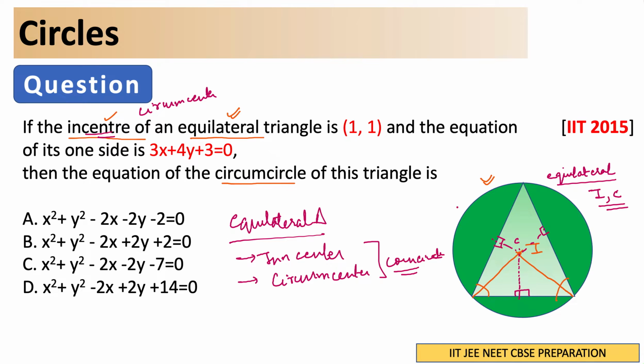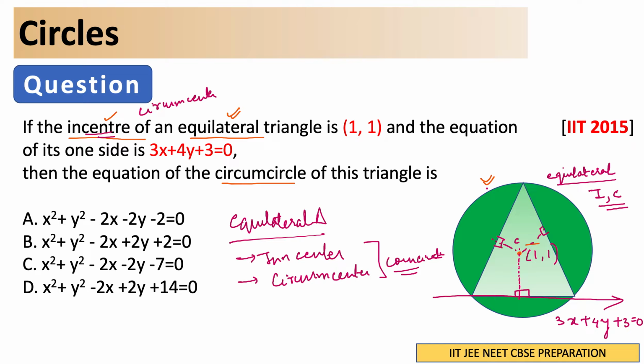So now what do we have? Let me make it a little clearer. We have the circumcenter, and the circumcenter is (1, 1). It is given in the question. They have also given that one side of the equilateral triangle, say this side, has the equation 3x + 4y + 3 = 0, and you have to find the equation of this outer circumcircle.